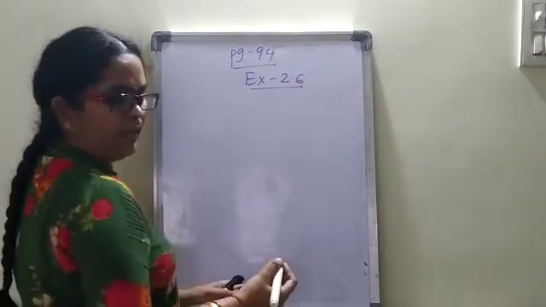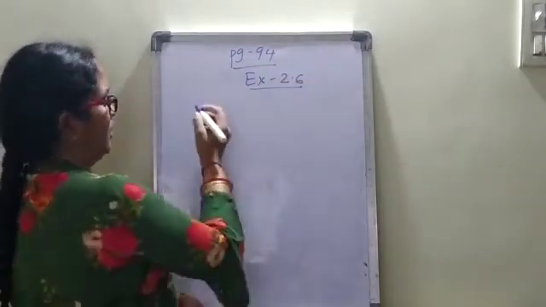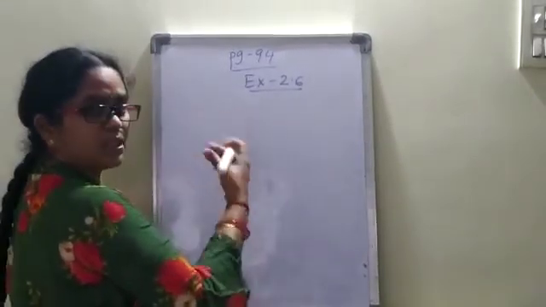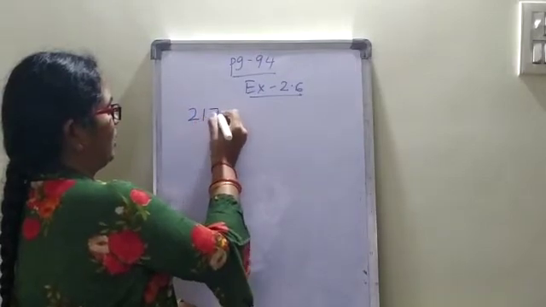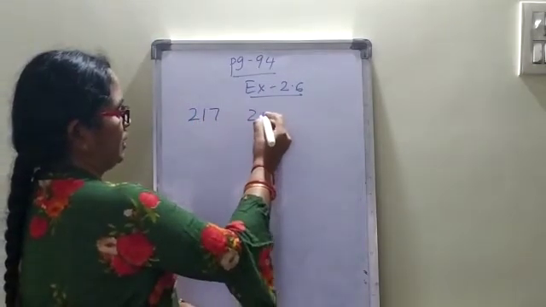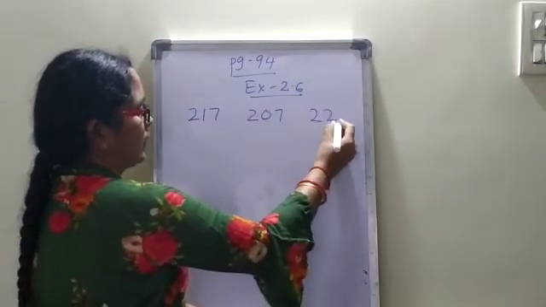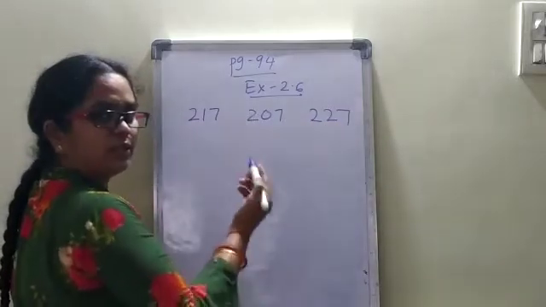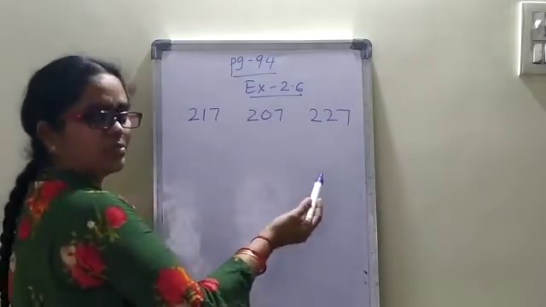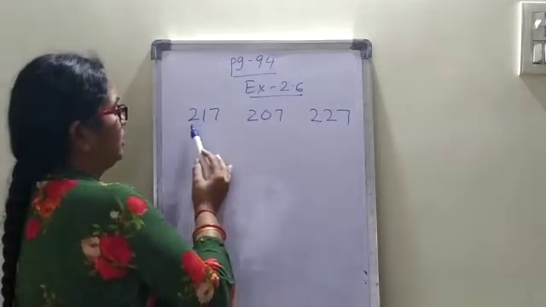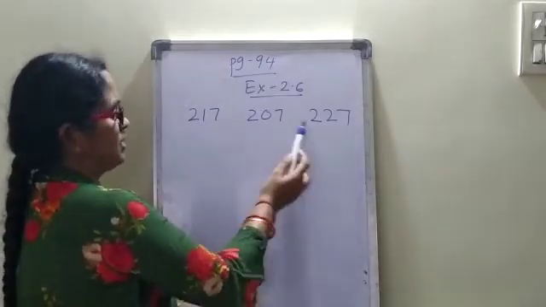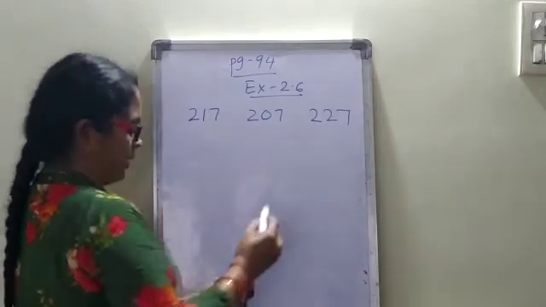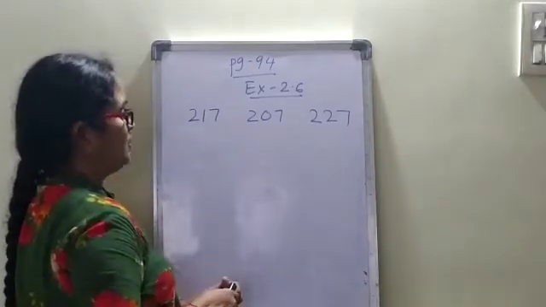In exercise 2.6, I'll give an example of each type of sum. In the first type, 3 numbers will be given, 217 for example, 207 and 227. Among these you have to find out the biggest number and the smallest number. See here, as we have seen, the hundreds place number is the same, so we have to compare the numbers in the tens place.